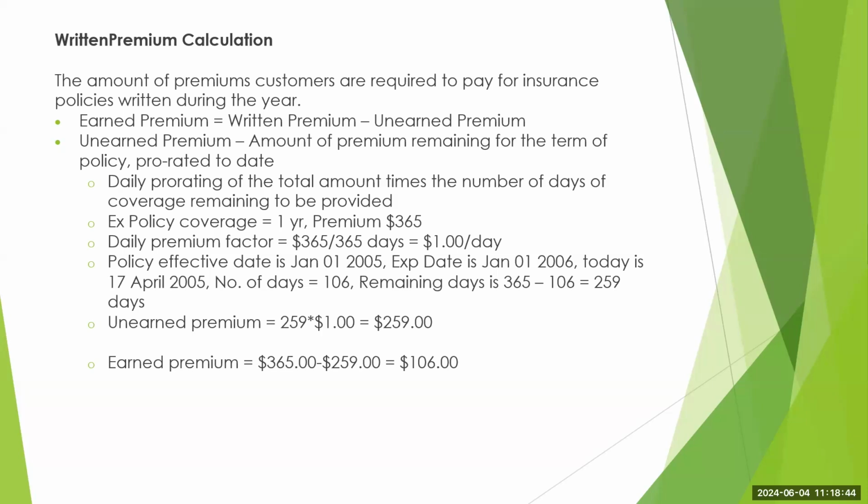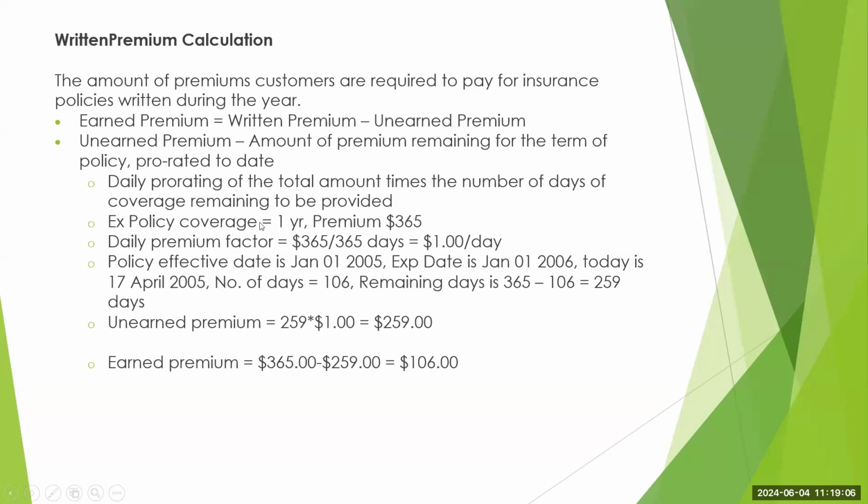How many months are left over? 4 months are left over. The premium for those remaining months is called unearned premium. It is the daily prorating of the total amount times the number of days of coverage remaining to be provided.